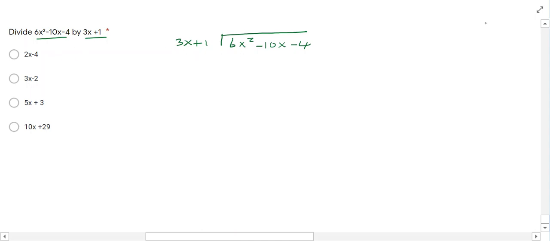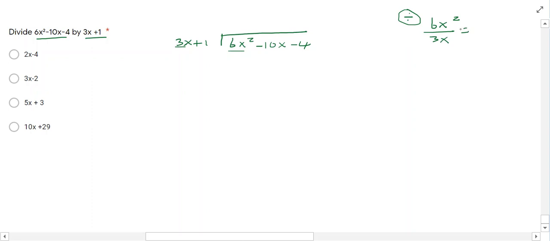So the first thing you do is our division phase. So let's write this up here. It goes in phases. What we do is we take this term here and we divide it by this term here. So it's going to be 6x squared divided by 3x.